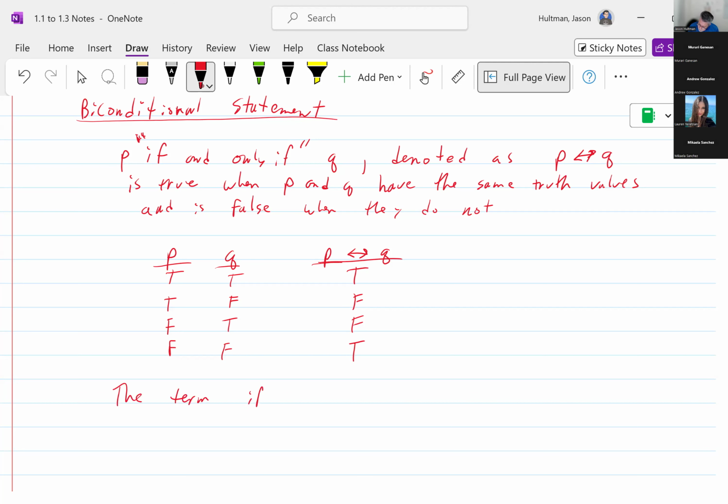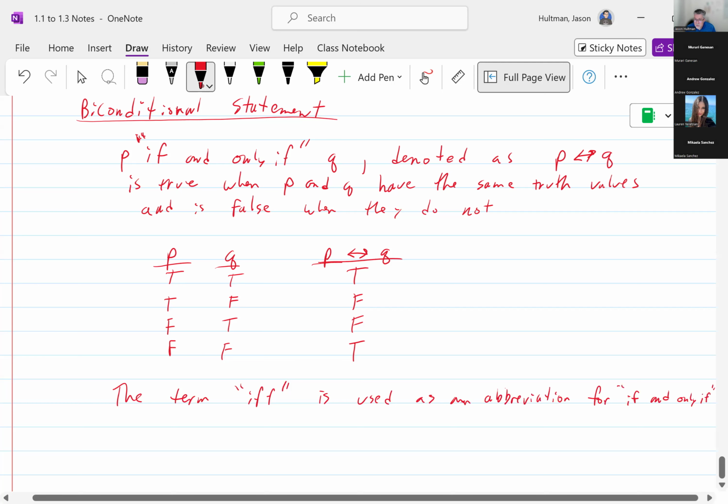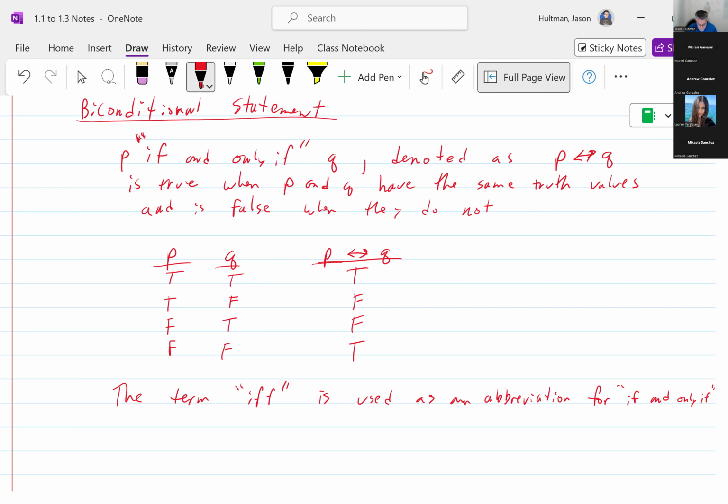The term if and only if, or IFF, is used as an abbreviation for if and only if.